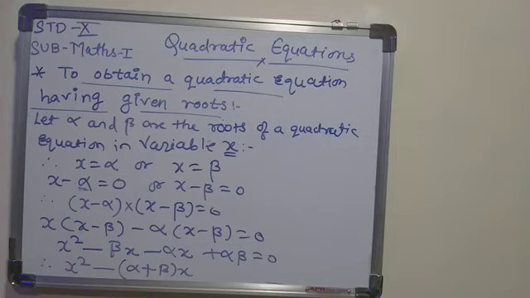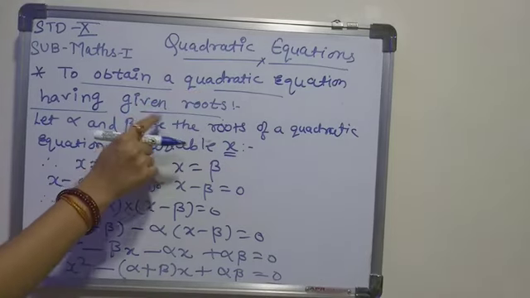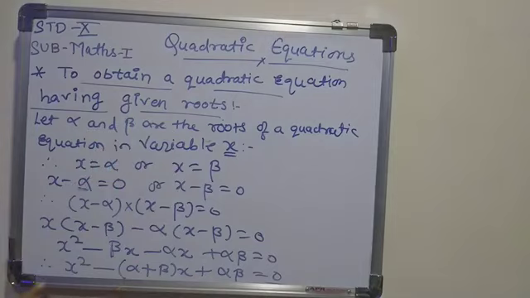So here you will get x square minus in the bracket alpha plus beta into x plus alpha into beta is equals to 0. So this is in the form of quadratic equation, ax square plus bx plus c. Clear? So this is how you are going to obtain the quadratic equation by using the roots. Clear?